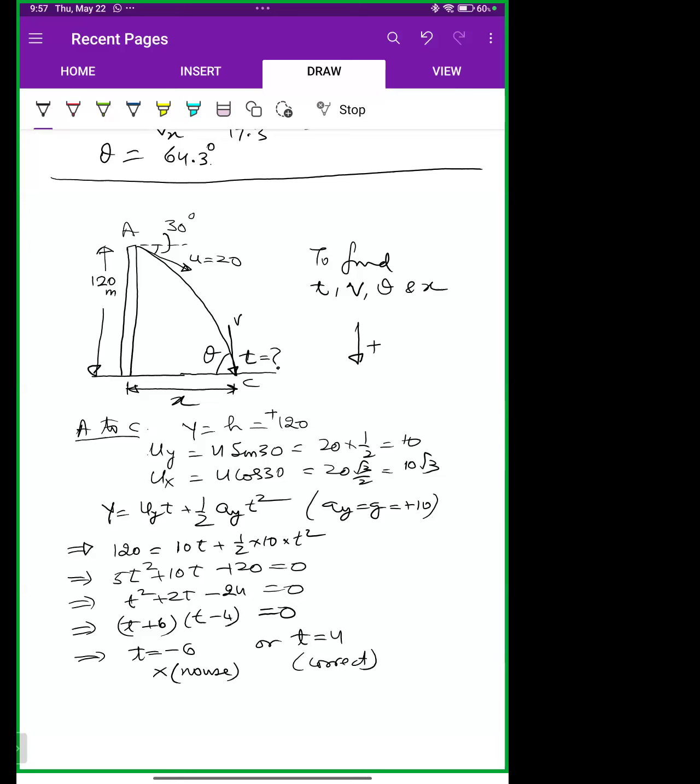You get negative time. What does it mean? So does it mean that it was at point C 6 seconds before it started? Yes, that is the reason.